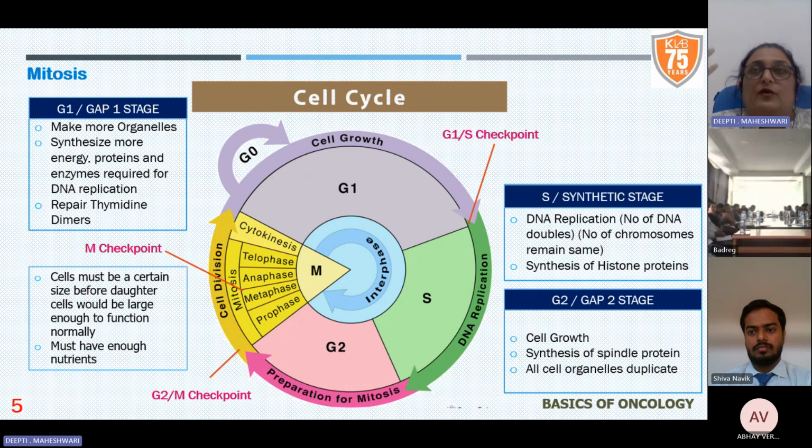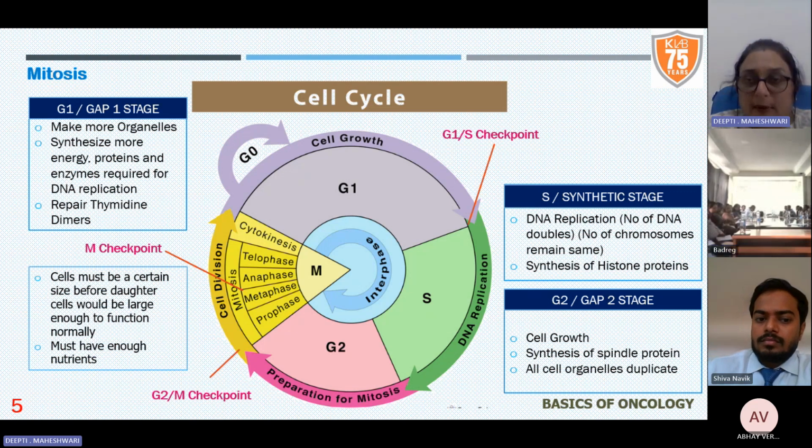When you talk about blood cells, you've got RBCs, WBCs, platelets, right? But originally they were a stem cell, or you can call it a pluripotent cell. From this pluripotent cell, they transform in such a way that some form RBCs, some form WBCs, some form platelets, right? But how does this happen? This happens with the procedure called cell differentiation.